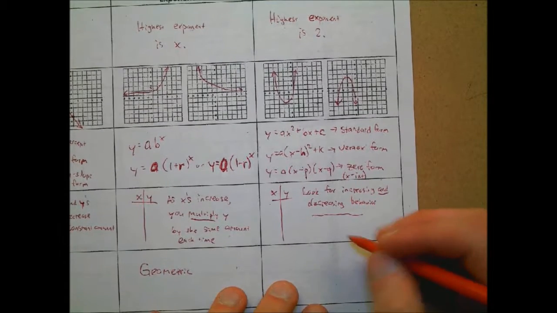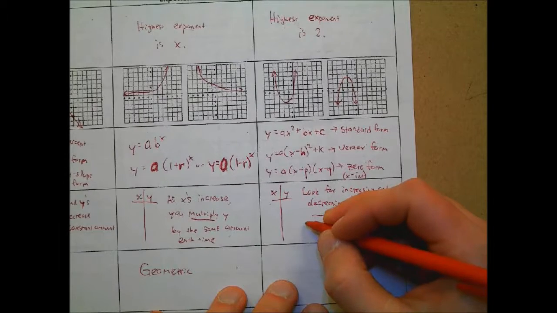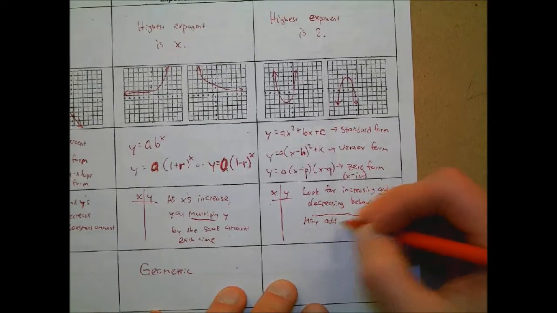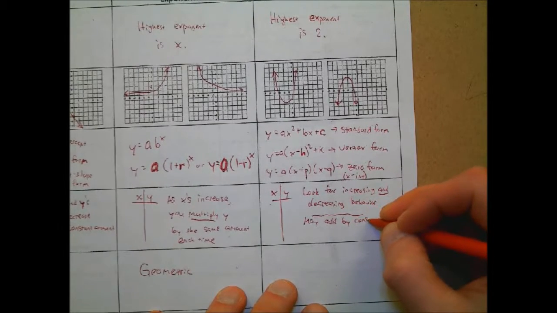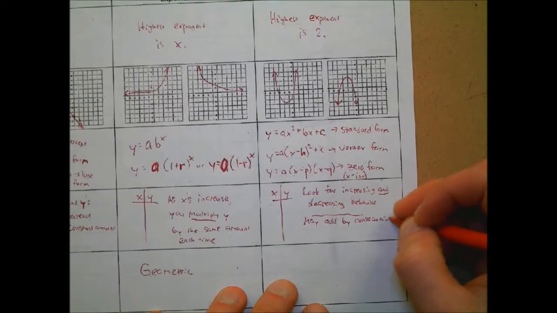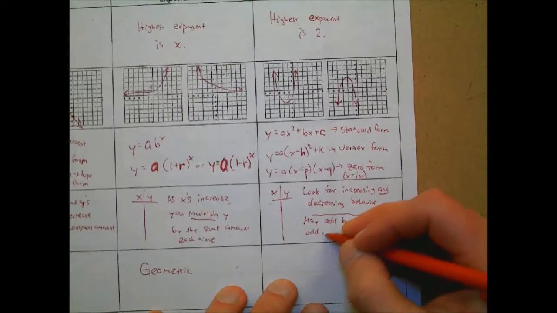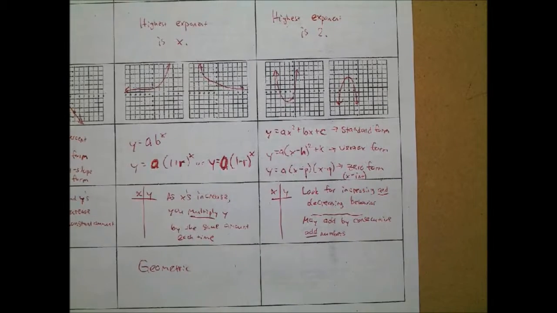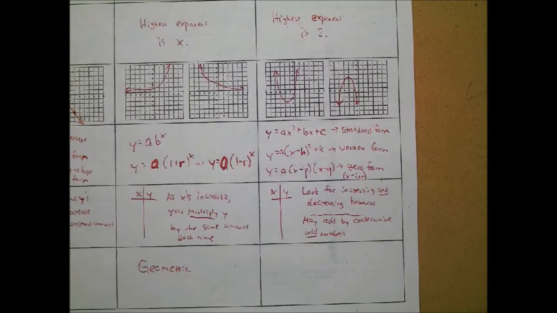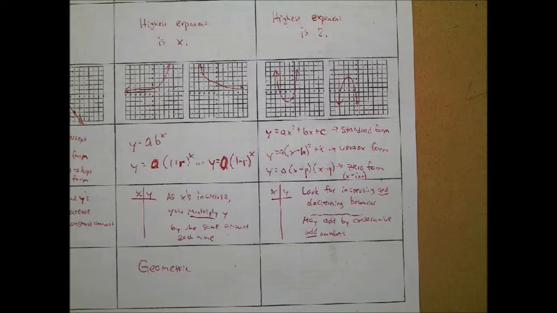You may also see the pattern where you add by consecutive odd numbers. That's another common pattern you'll see in quadratics. In other words, you'll add by 1, then the next one you'll add by 3, then by 5, by 7, by 9, and so on.